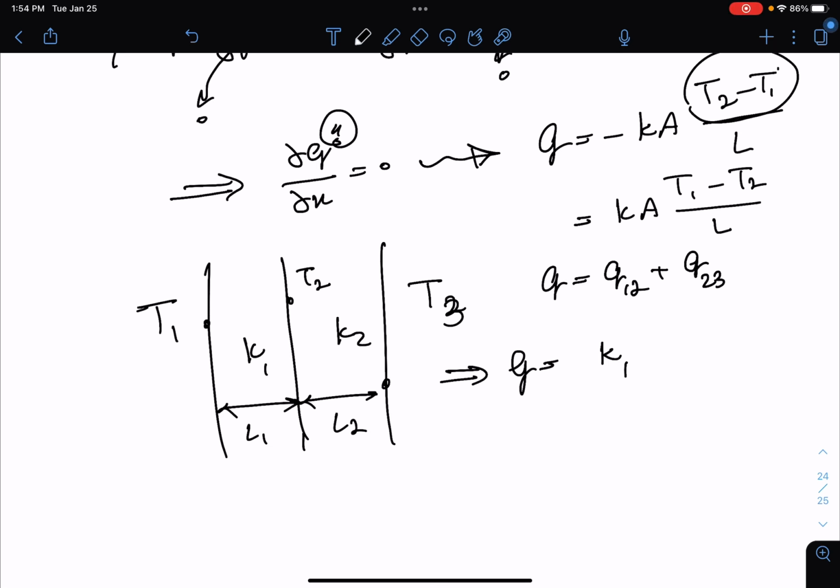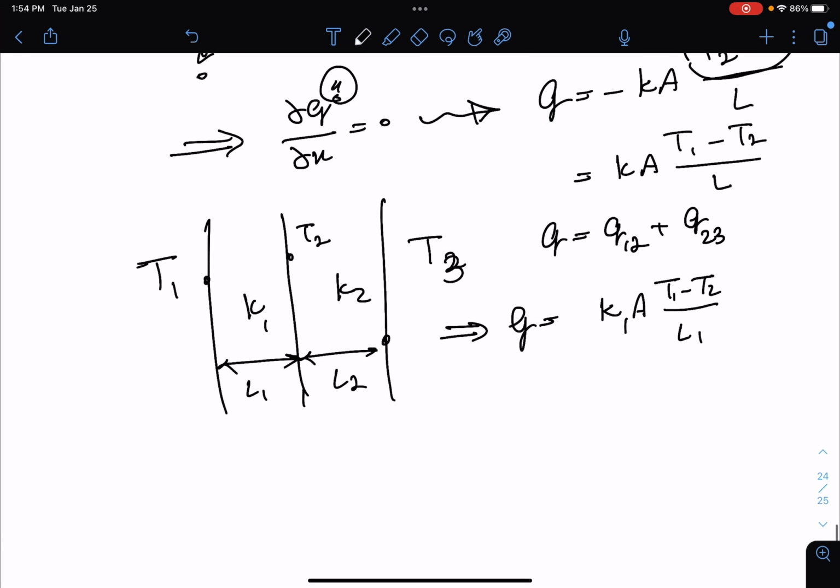K1 multiplied by the area, T1 minus T2 divided by L1, right? Plus K2 area, T2 minus T3 divided by L2, right?